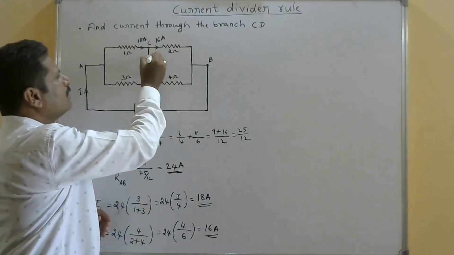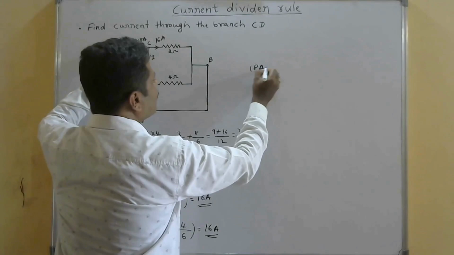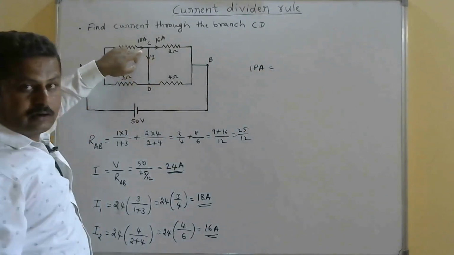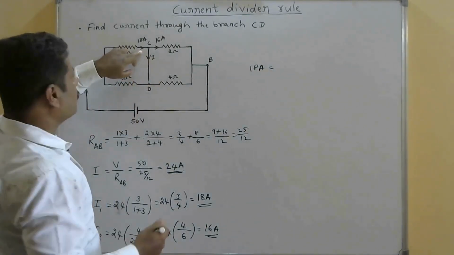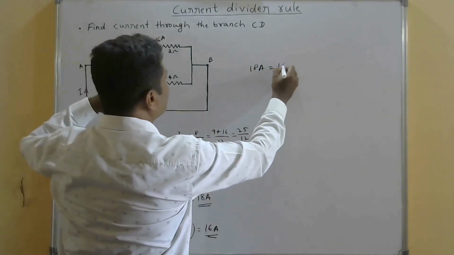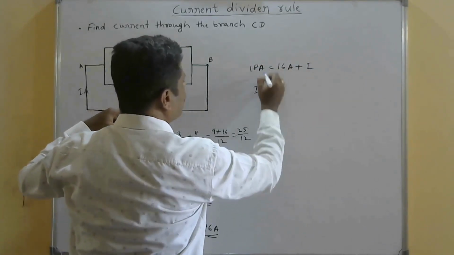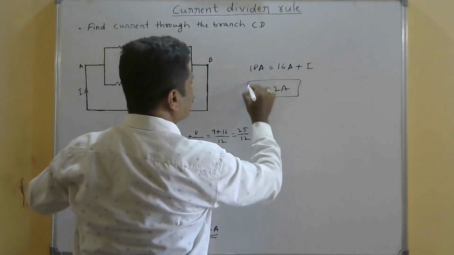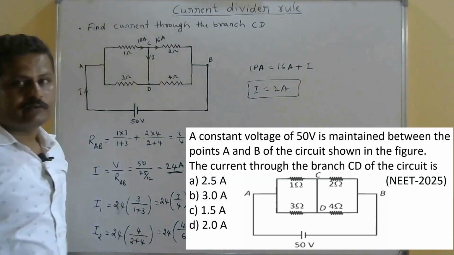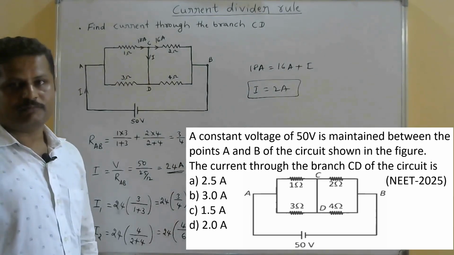Let me consider this current is I. So, this is equals to 18 amps as per Kirchhoff's current rule. We can take total current entering the junction is equals to total current leaving, 16 amps plus I. This I is equals to 2 amps. So, in this way we can solve easily by using current divider rule.